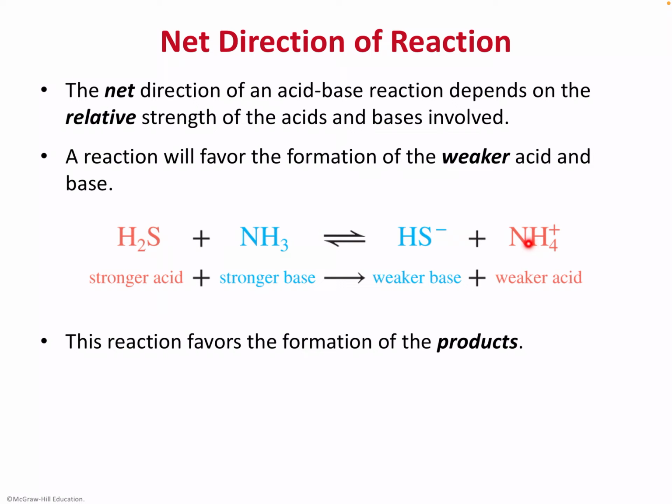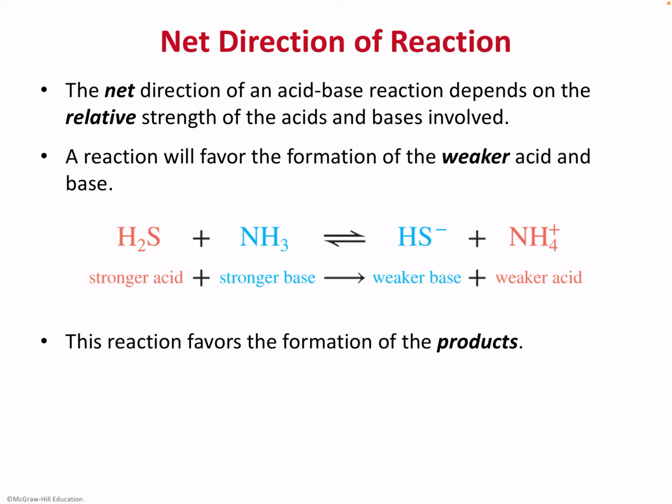Normally a reaction would favor reacting of a stronger acid and stronger base to give you a weaker base and weaker acid. That way is the net direction of the reaction. So this particular reaction, where you have H2S and ammonia giving you HS minus and ammonium ion, is a stronger acid, stronger base, weaker base and weaker acid. So the reaction favors the formation of the products.